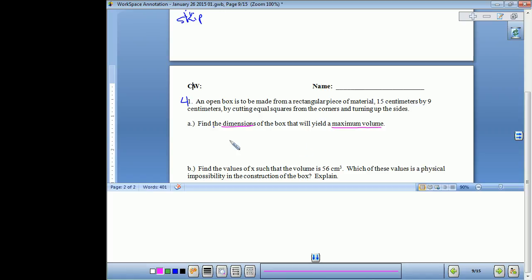So volume is length times width times height. And we're starting out with a 15 by 9. But then we're cutting out the corners.